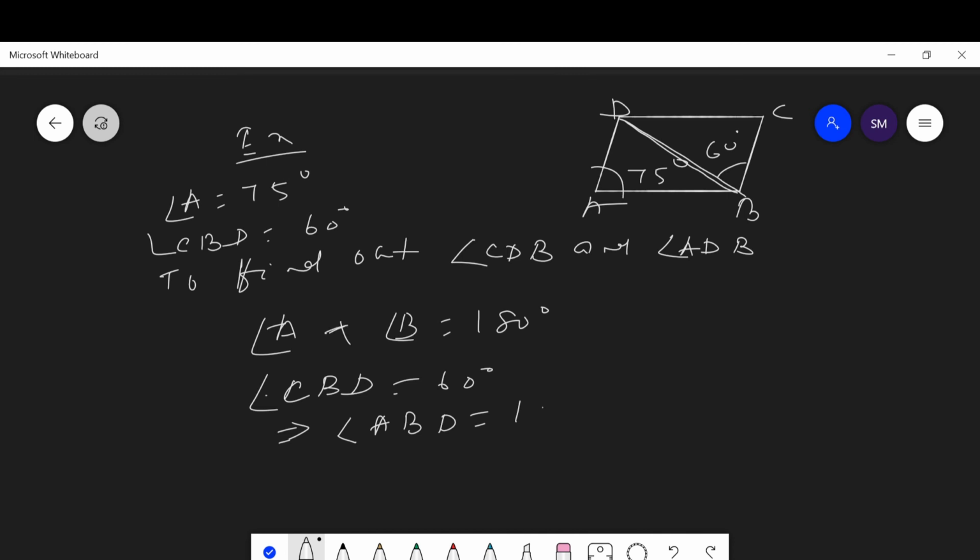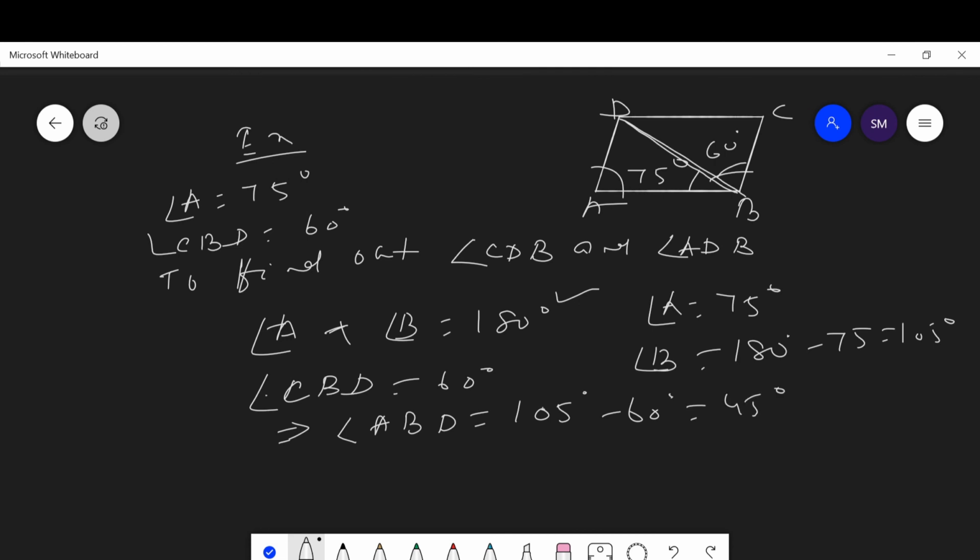Since angle A plus angle B is 180 degrees and angle A is equal to 75 degrees, this implies that angle B is 180 minus 75, which is 105 degrees. Then as this angle is 60 degrees, angle ABD is 105 minus 60, which is equal to 45 degrees.